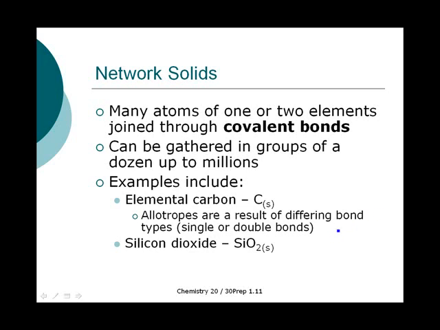If we have pure carbon or pure silicon, carbon and silicon are special because they have 4 bonding electrons. And so what happens is your carbons can bond forever in a variety of patterns.